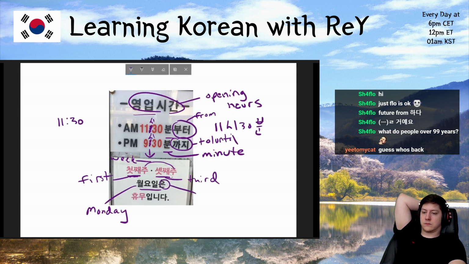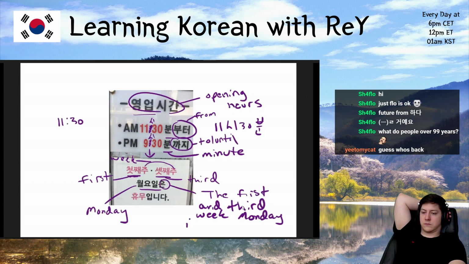So if I'm going to write this in English, the first and third week Monday, or even better, the Monday on the first and third week of a particular month is, and the is here is this imnida, and then the key word here is, well, what is this? So the first and third Monday of every month is going to be whatever this 휴무 means.